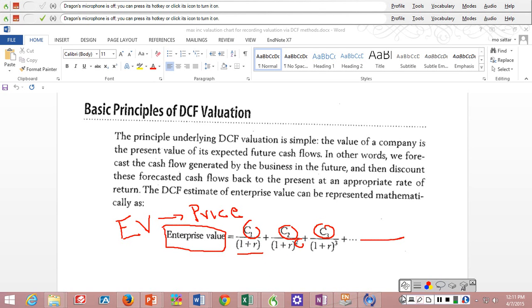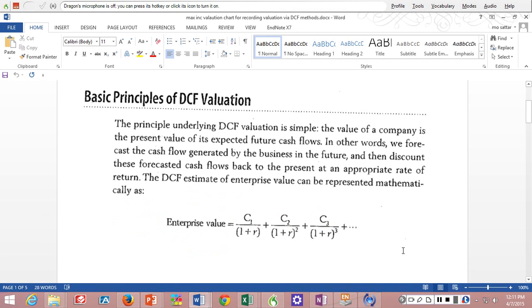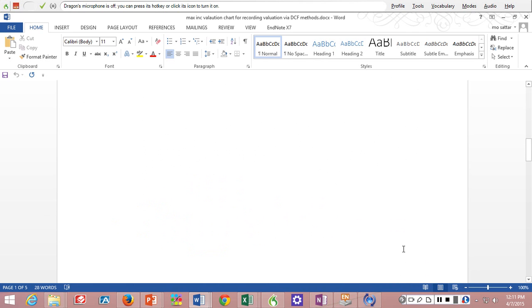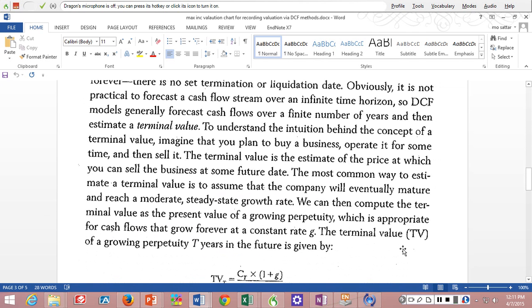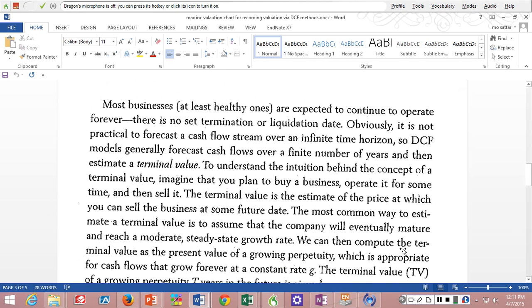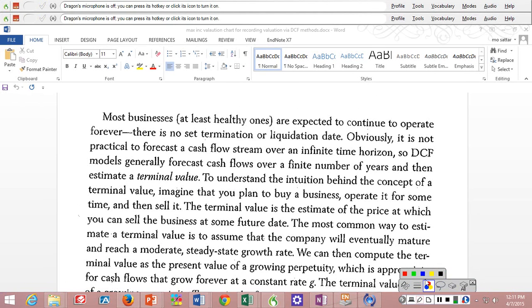So this is describing the methodology you have applied when looking at net present value. Now the thing that needs to be added to this conversation, I believe on the next page in the book, is where they talk about healthy businesses, healthy in the sense that they will continue to survive and operate forever. There is no set termination or liquidation date, which means we assume they continue forever.